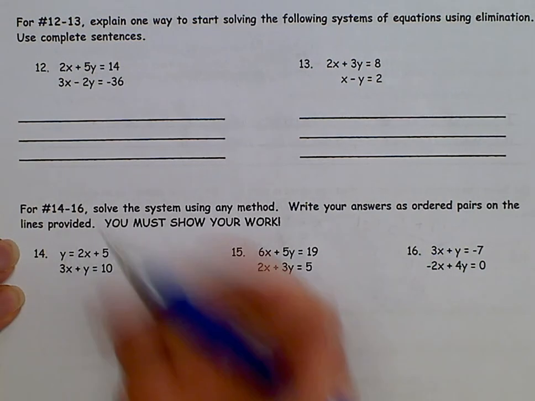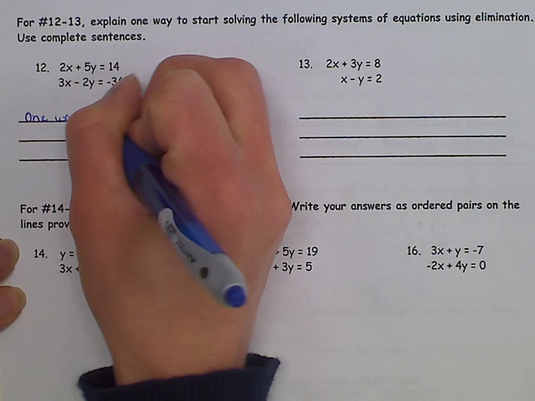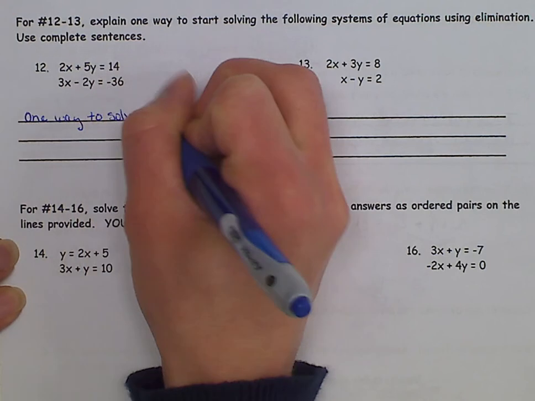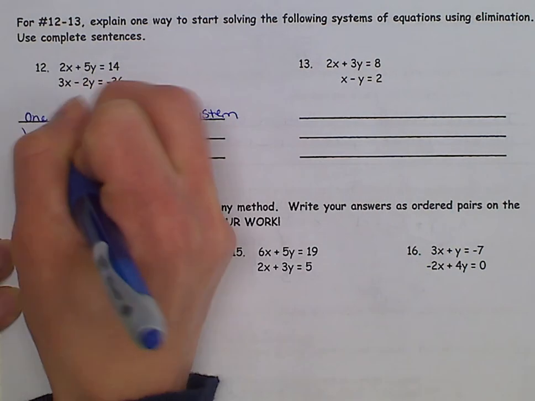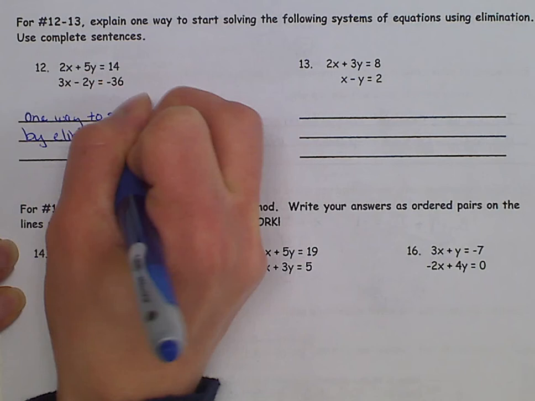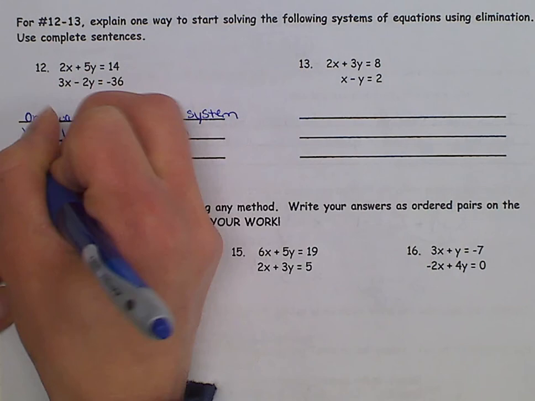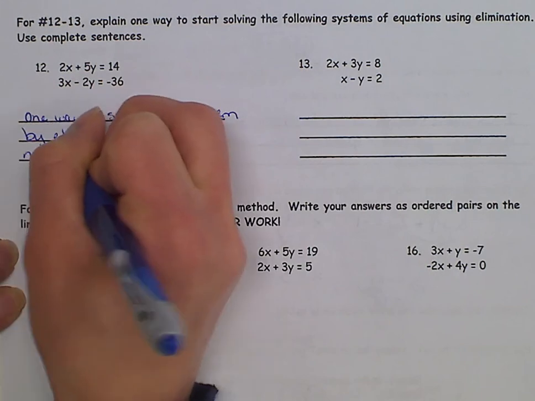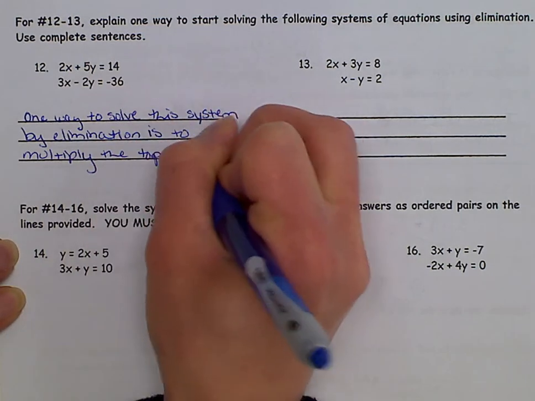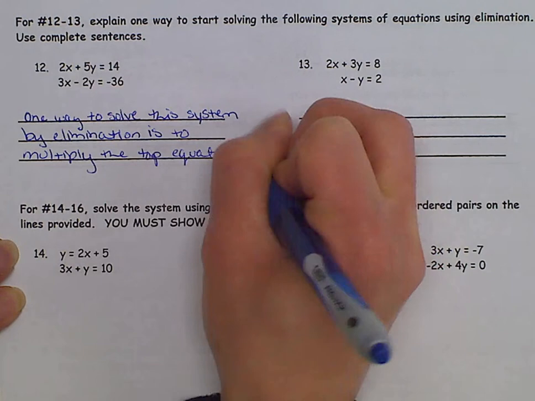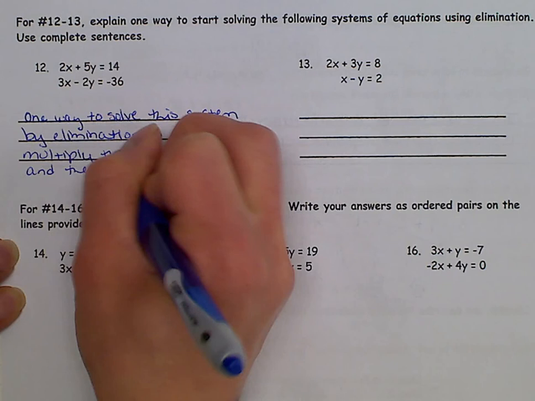So I'm going to state one way to solve this system by elimination is to multiply the top equation by 2 and the bottom equation by 5.